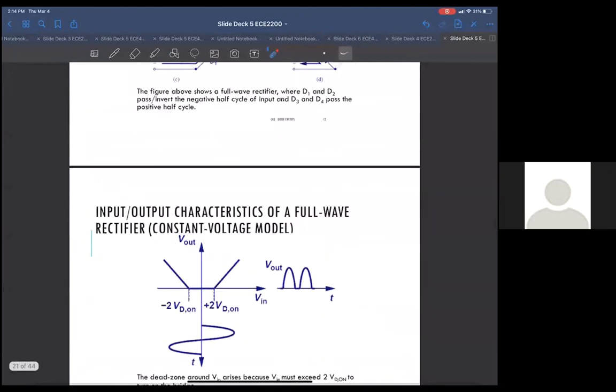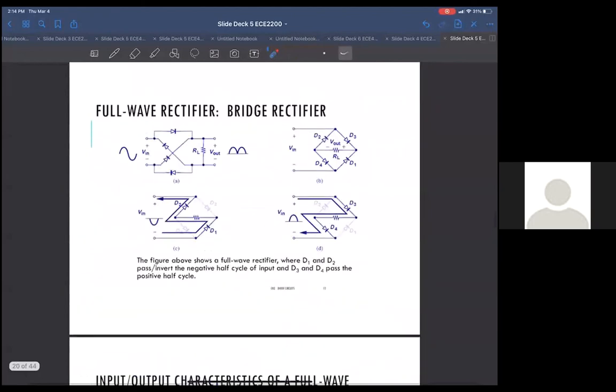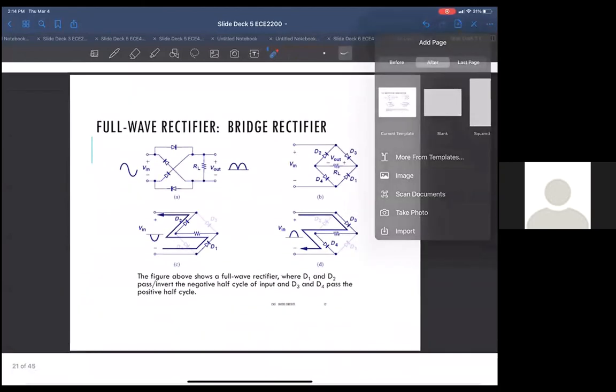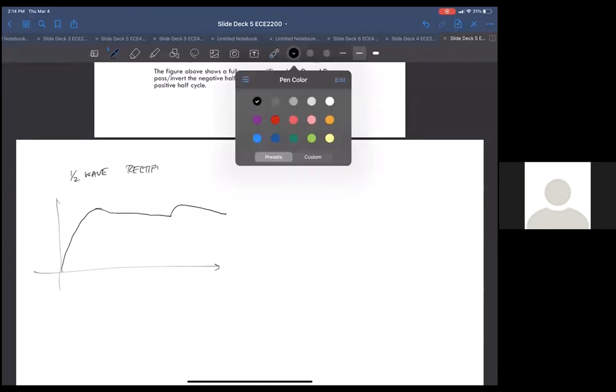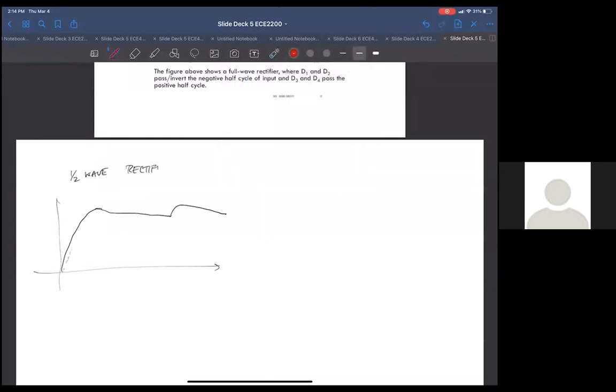Okay, so with the half wave rectifier, we had these ripples like that, because we were only using half cycles of Vn.